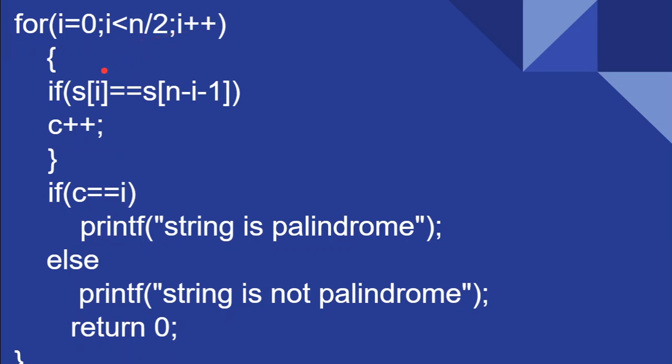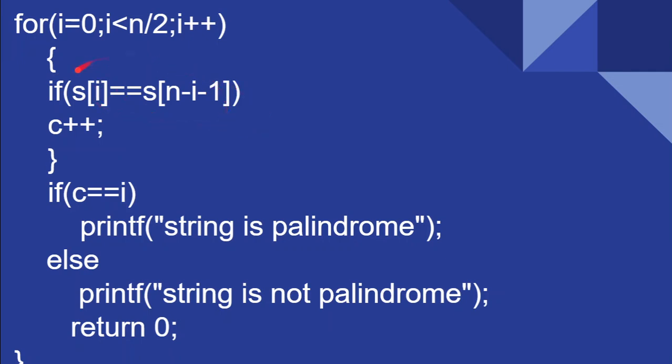And now how is the checking done? If s of i is equal to, this is a double equal to, a relational operator, s of n minus i minus 1. This will check the first element against the last element, then the second element against the last but one element, the third element against the n minus 2 element, and so on.